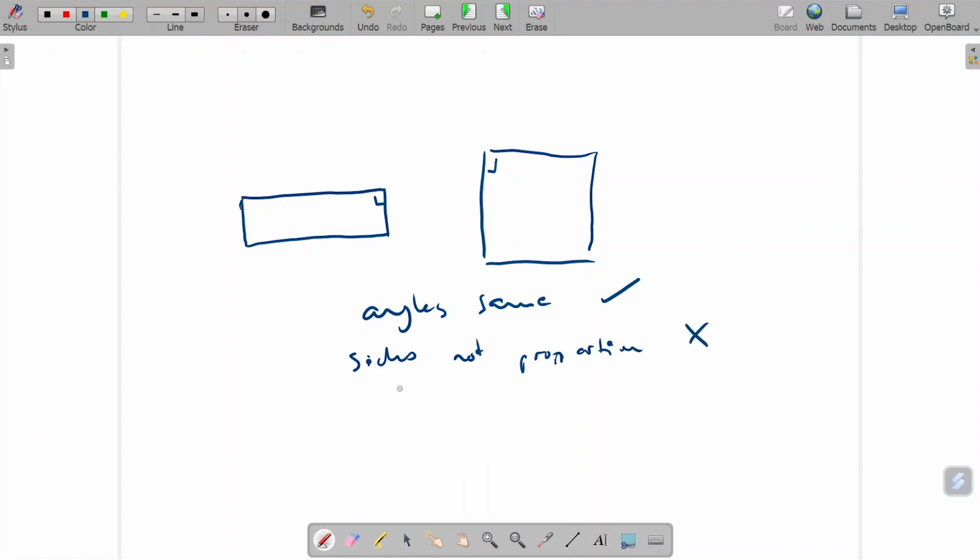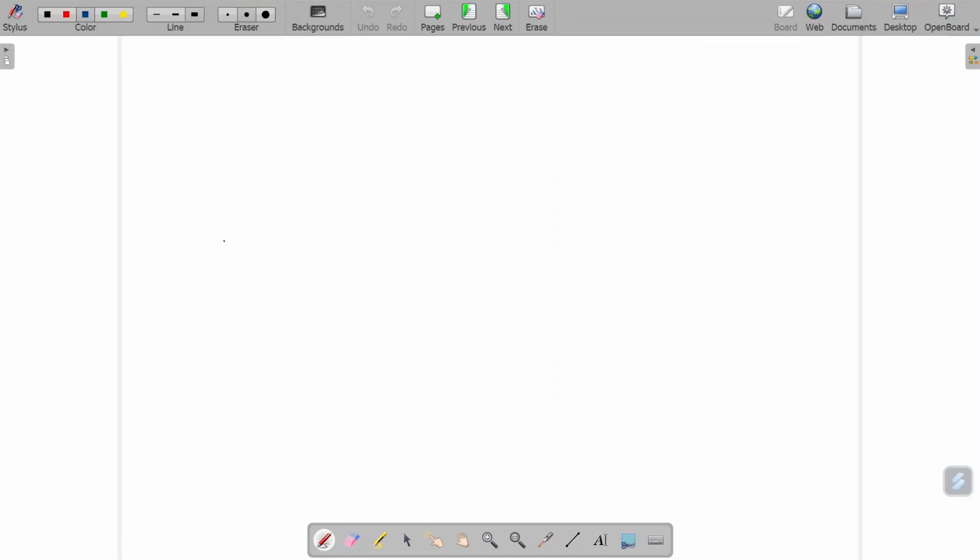As a result, these things are not similar. So what we get, in triangles and triangles only, is the key idea that there's a tension or linkage between the sides being in proportion and the triangle's angles being equal.